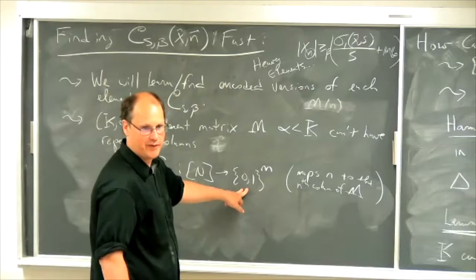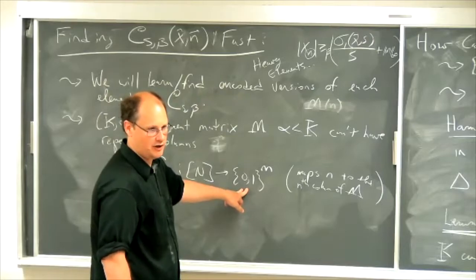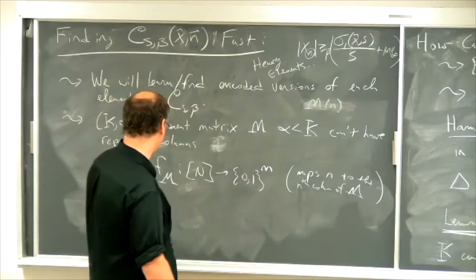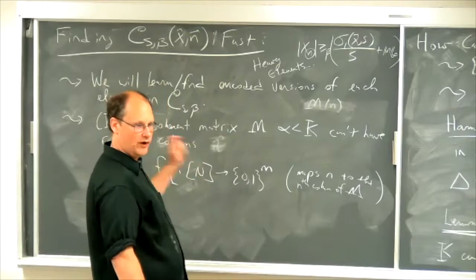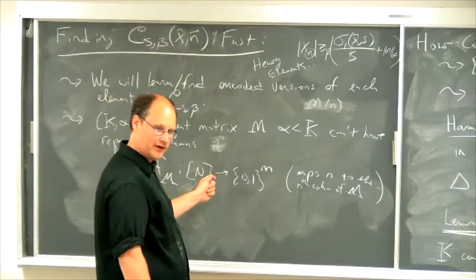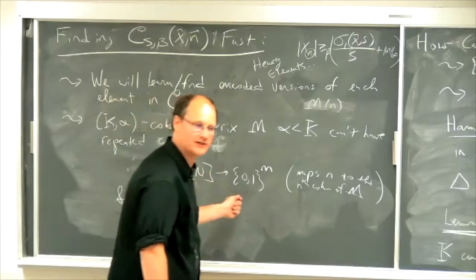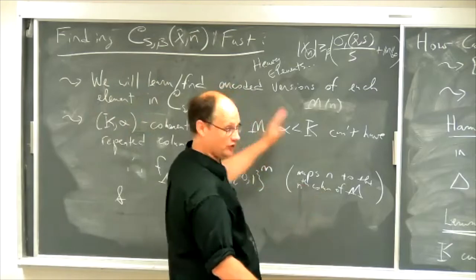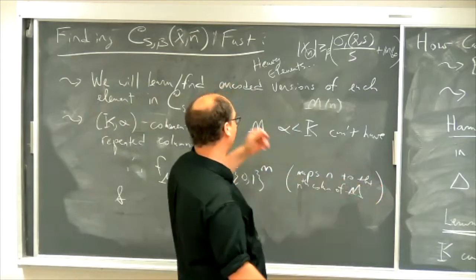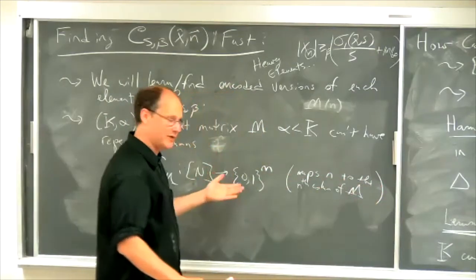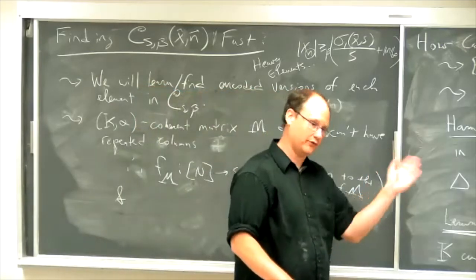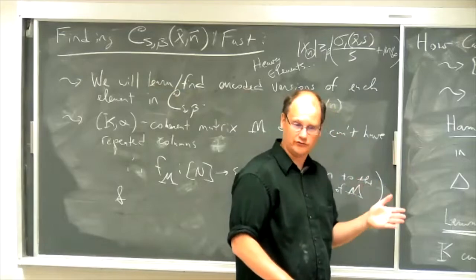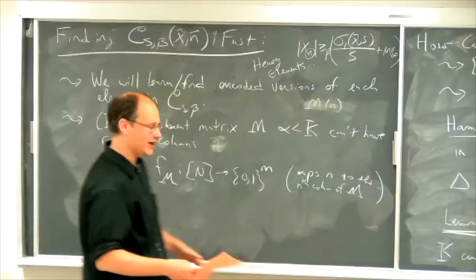And then once we've managed to figure out what the column of this matrix is, we want to somehow invert that and get the n back. So tell us which column of our matrix is this. And we want to be able to do that really fast, right? Without having to look through the entire matrix, which is too large for it to be interesting, right? We need a sublinear time algorithm. Reading all the columns, even reading through the column in one row is too long, so we can't do that.